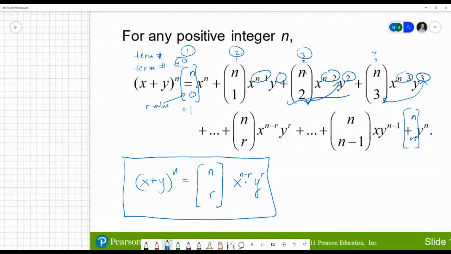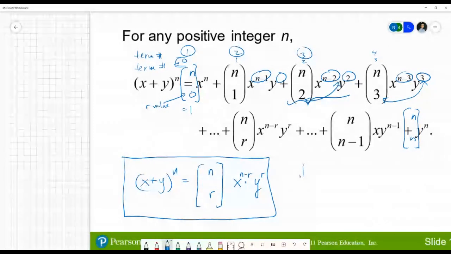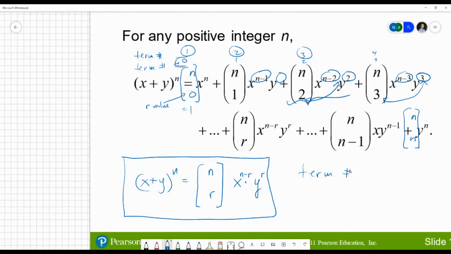Now the term number is going to equal, you notice here, my term number is 2, my r is 1. My term number is 3, my r is 2. So there is a direct relationship between the r and the term number. So the term number is just r plus 1.